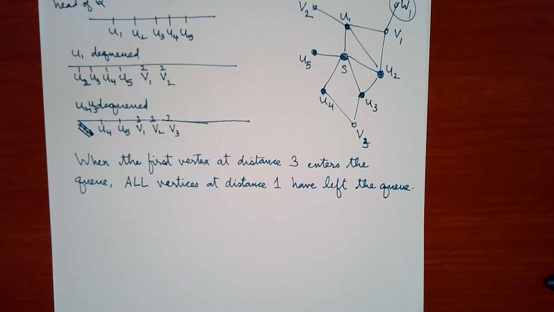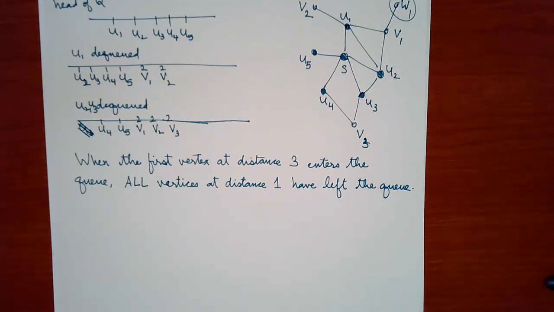Is that true? I'm going to pause for a moment and ask you to ponder that. If the graph is weighted, then you have to use Dijkstra's algorithm and priority queues, but essentially the argument will be a generalization.